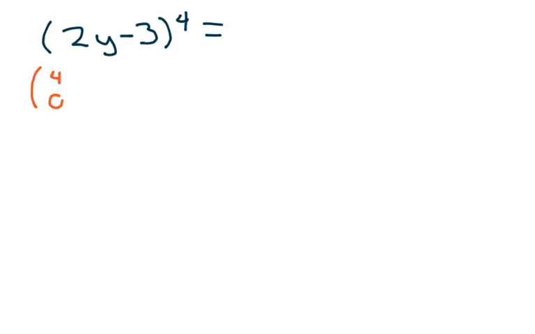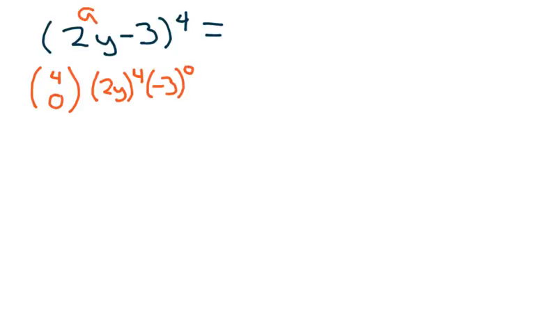We're going to use 2y minus 3 to the fourth. We're going to expand that. So I'm going to try to write smaller. So I'm going to write 4, 0, and that's going to be 2y to the fourth, and negative 3 to the 0.